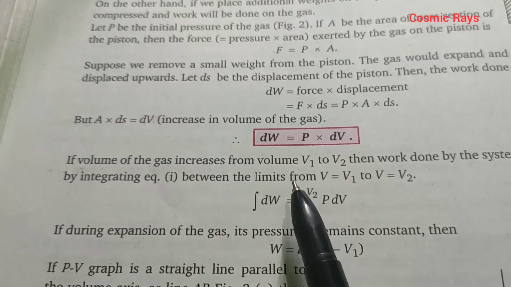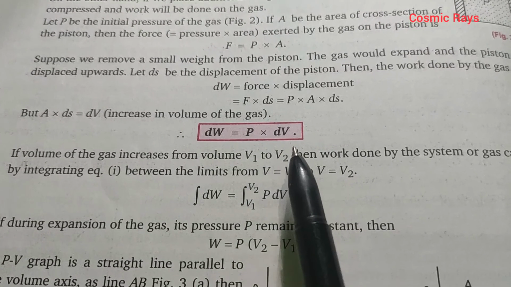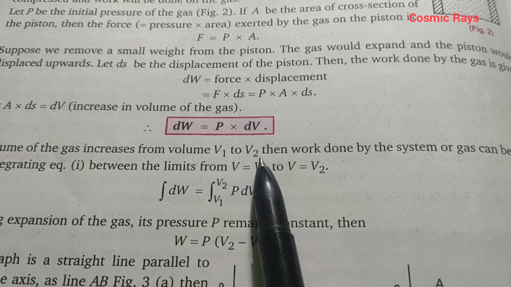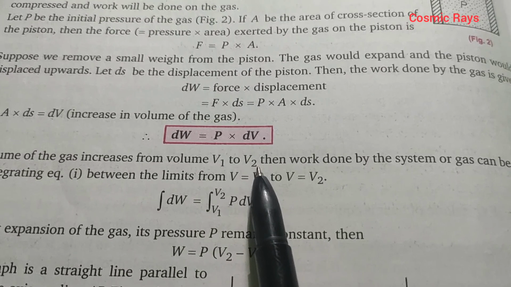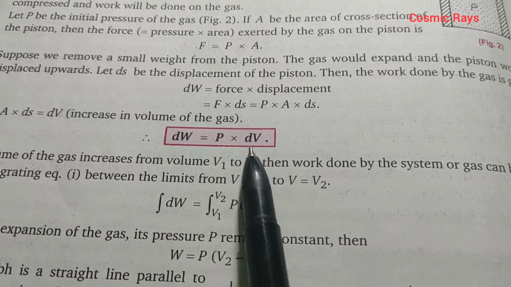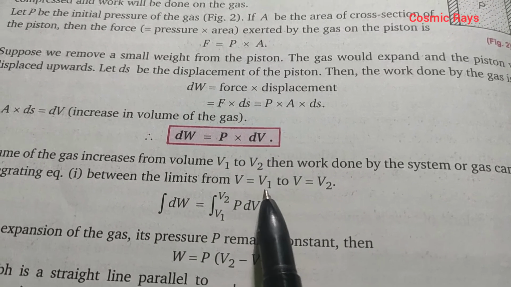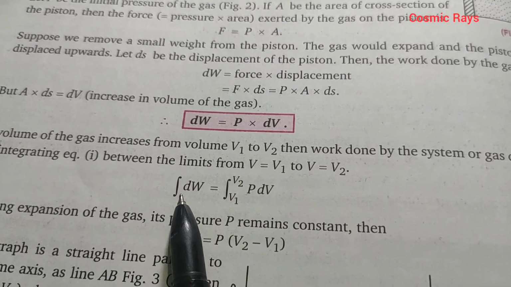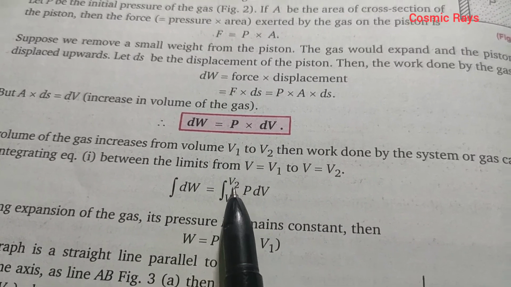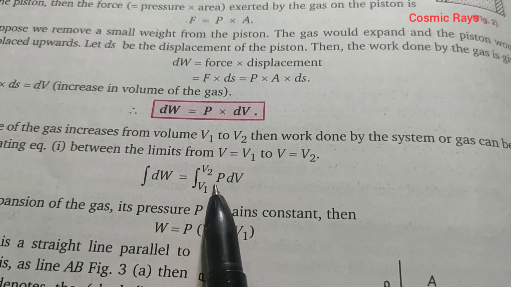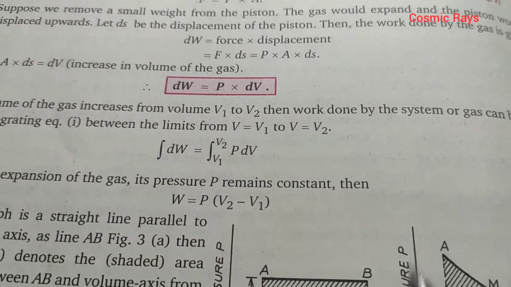Now if the gas volume increases from V1 to V2, then we can calculate the entire work done by the system by integrating this equation and taking the limits to be from V1 to V2. So we integrate this equation. Integration of dw is equal to integration from the limits V1 to V2 of P dV.